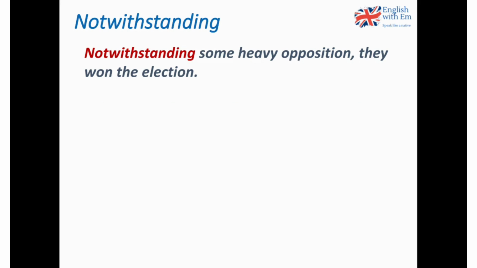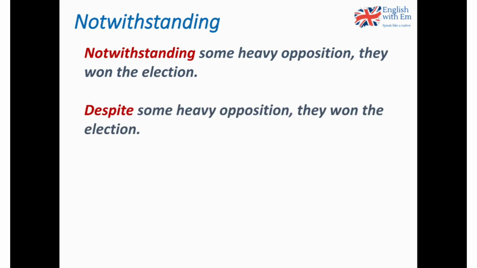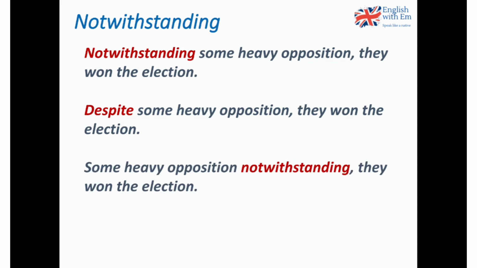Now let's take a look at the other ways we can structure this. Despite some heavy opposition, they won the election. So here you can see notwithstanding and despite are used in exactly the same way with exactly the same meaning. Some heavy opposition notwithstanding, they won the election.